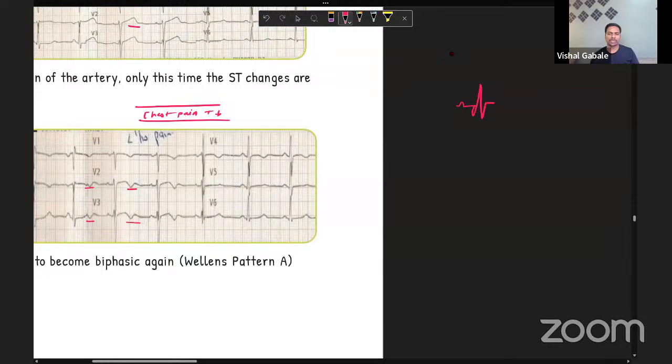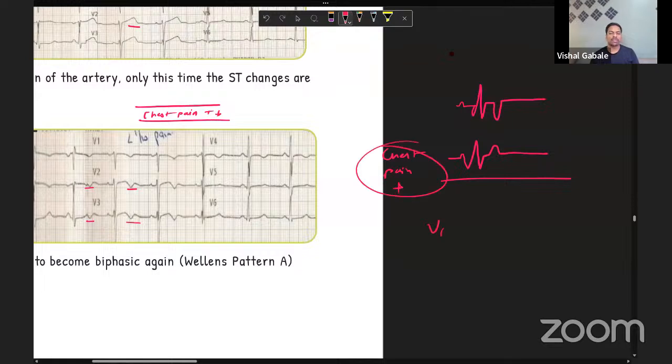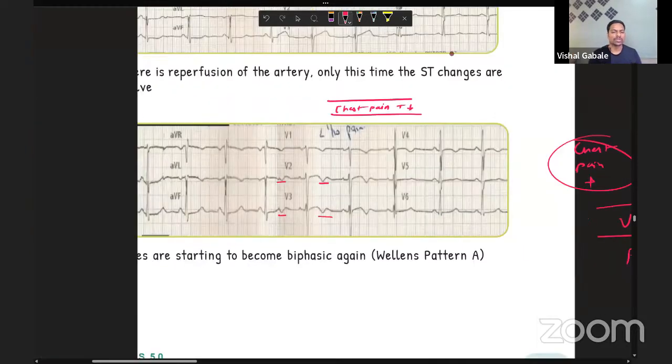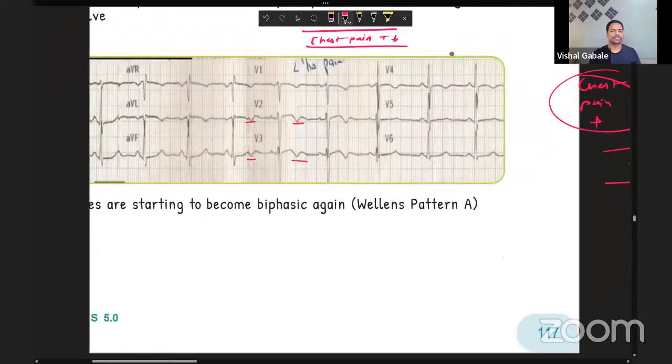This T wave inversion was there. Now, if I have chest pain, got it? So during chest pain, the ECG might appear normal. So that's about the Wellens syndrome, and you check in V1 to V6, typically in proximal LAD stenosis. So that's about the Wellens syndrome.